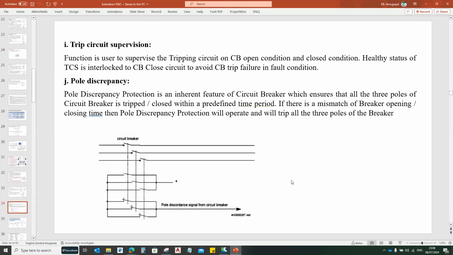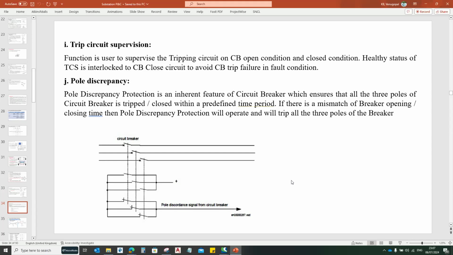Along with this, we also need to supervise the trip circuit, because the trip circuit plays a major role in clearing the faults. Suppose any fault happens, the trip circuit should operate and give the trip command to the circuit breaker, and you should open the circuit breaker instantaneously.